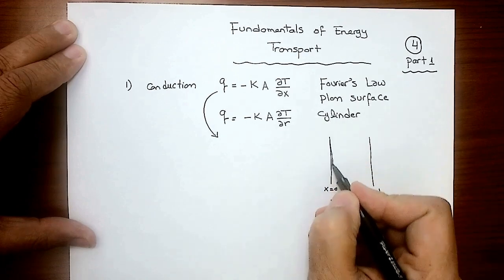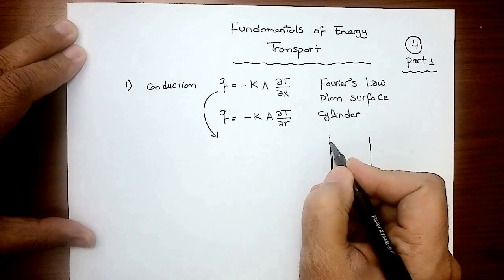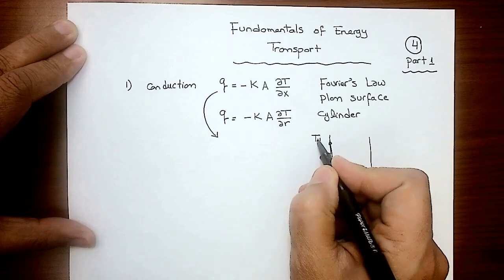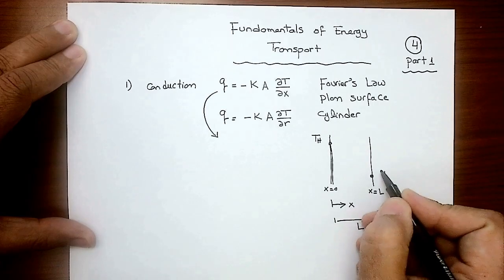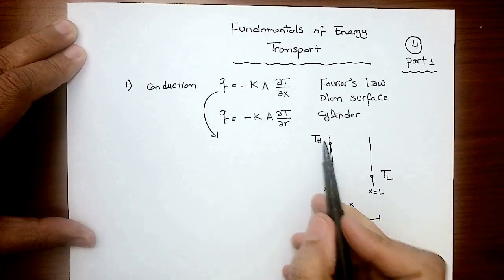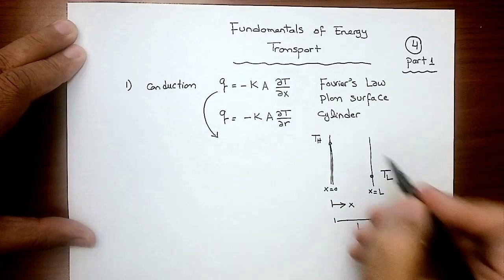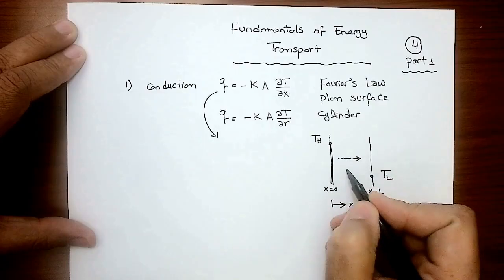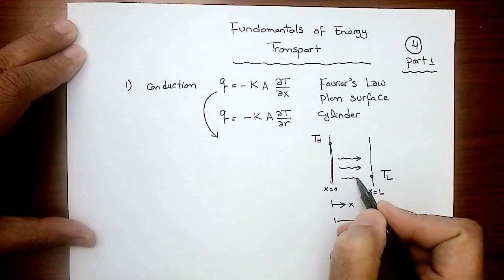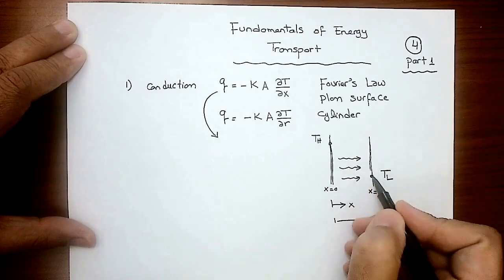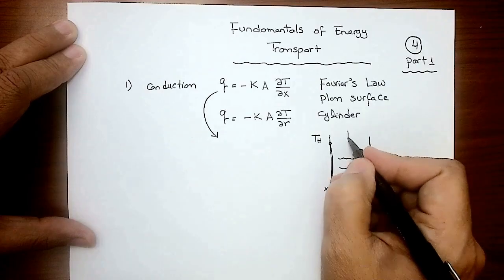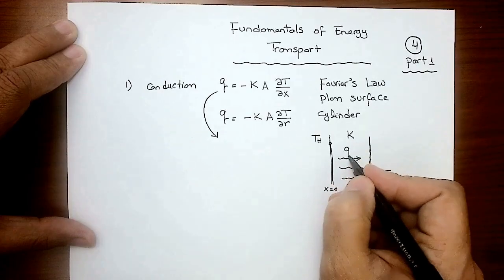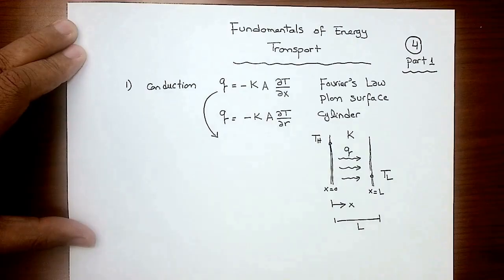And I have one face here, or that surface here, is at elevated temperature TH. This face here is at lower temperature TL. And because of that driving temperature difference, we are expecting heat or energy will transport through the solid body, which has a thermophysical property of K, and that quantity Q can be calculated by this equation.